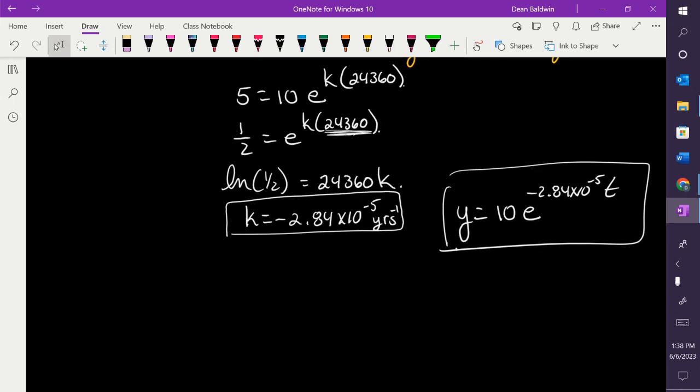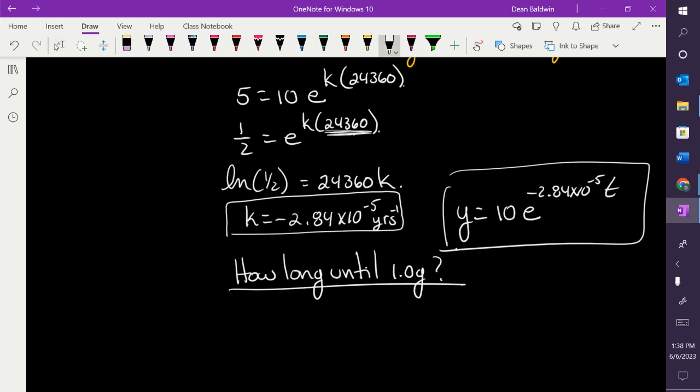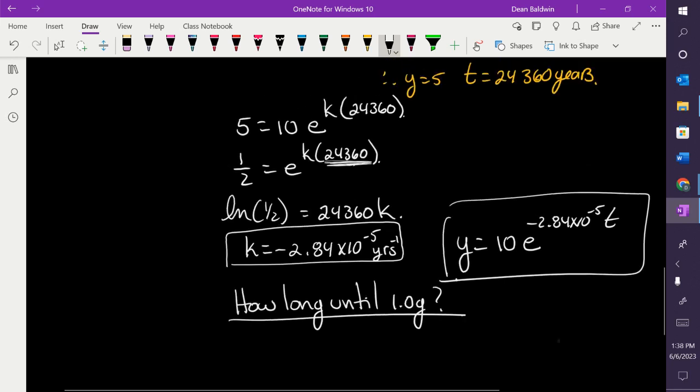Okay, so the original question was how long until 1 gram? No, 1 gram is how much we have left, right? That's the rate. When it says proportional to, it's the constant that you're multiplying, how fast things are changing.